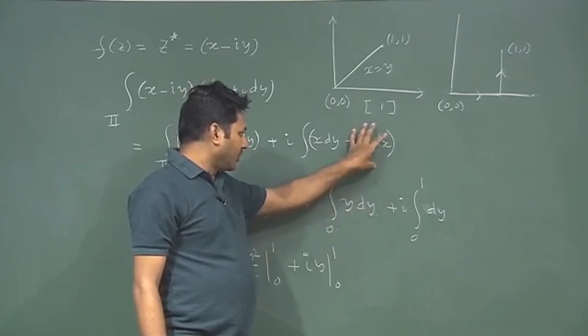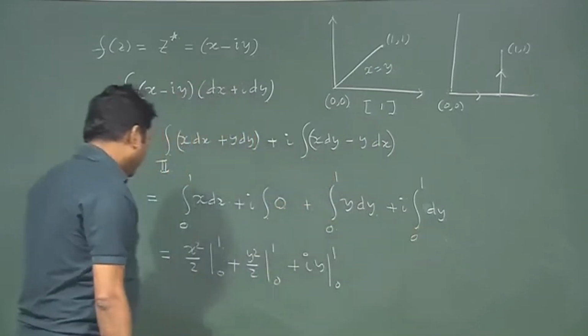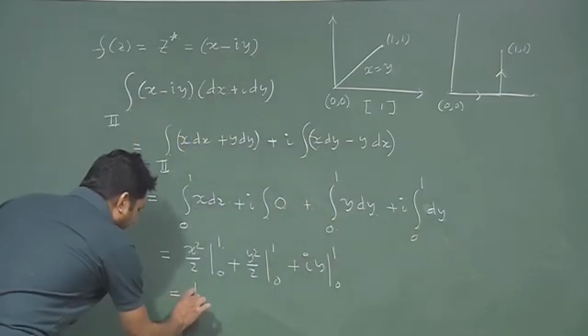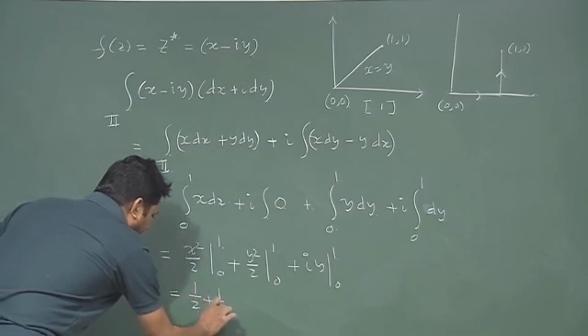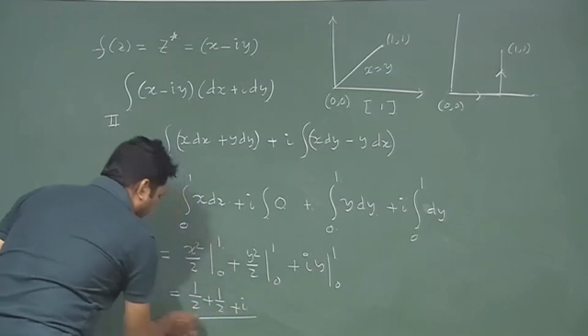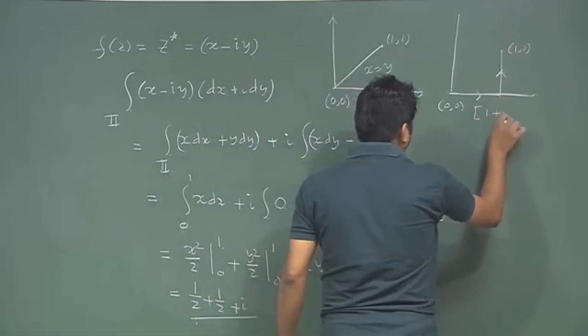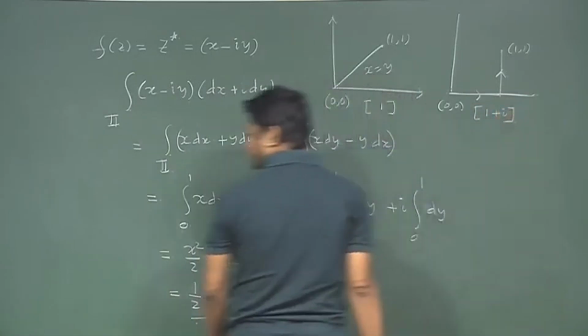So, this contribution will not be there. So, I will have integration of i dy. After doing all these things, I find that this is half plus half and this quantity is plus i. So, as a result, I will have 1 plus i.